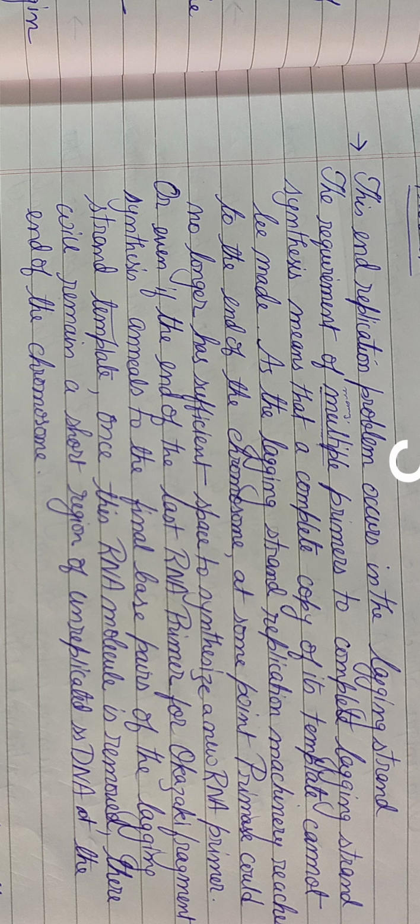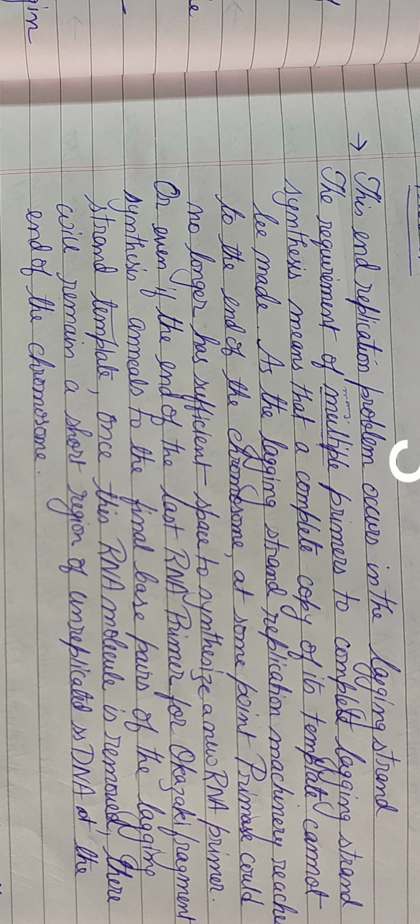There will be a small gap. Within that gap, how will primase be able to synthesize a primer, or will it be able to fulfill that gap by DNA polymerase?